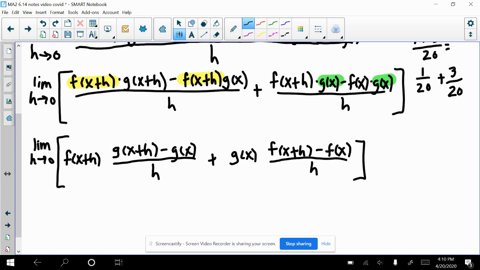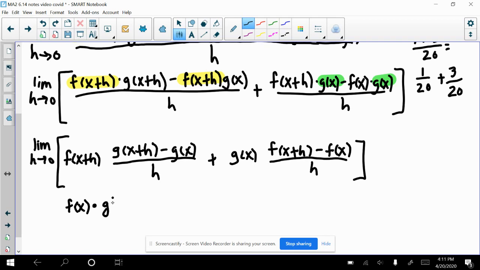Now we're actually ready to go because you can see the limit as h approaches 0 of f of x plus h, well, let h go to 0, would just be f of x, because the h goes to 0. Times, look at this one, the limit as h goes to 0 of this part. Well, that would be the limit as h approaches 0 of g of x plus h minus g of x over h. Well, that's the derivative of g of x.